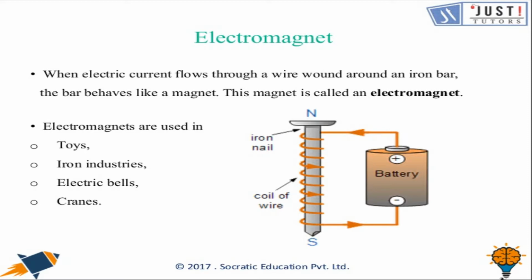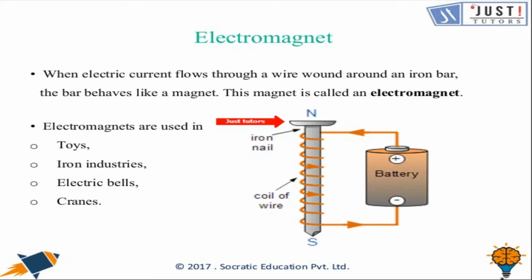When electric current flows through a wire which is wound around an iron bar, for example this iron nail right here, and as you can see there is a coil of wire which is wound around this iron nail, and this coil is connected to the two ends, or you can say the two terminals of this battery. Now when current flows through these wires, the iron nail turns into a magnet.